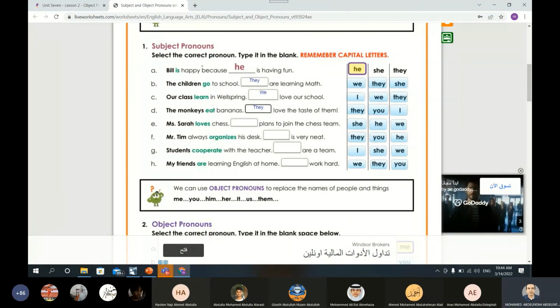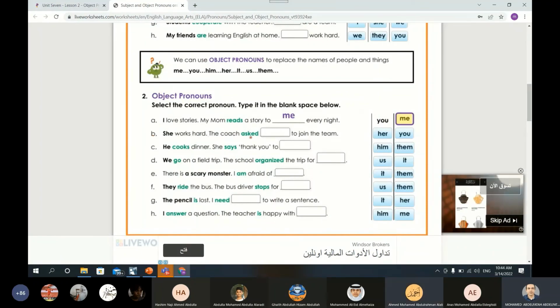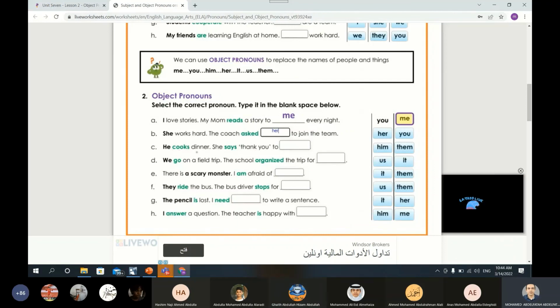Let's move to the object pronouns. A, as an example, I love stories. My mom reads a story to me every night. Me is the object pronoun of the subject pronoun I. What about B? She works hard. The coach asked her to join the team. Her, teacher, her. Yes. C, he cooks dinner.